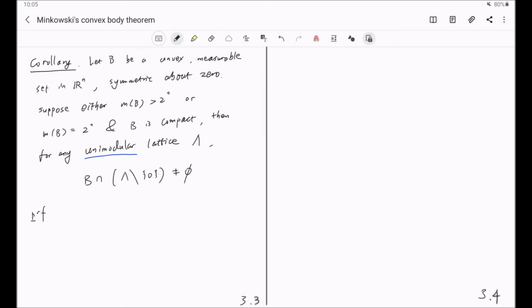So any unimodular lattice lambda has a basis written as script E sub i equal to a sub i1 e1 plus ... plus a sub in en, where i is from 1 through n.